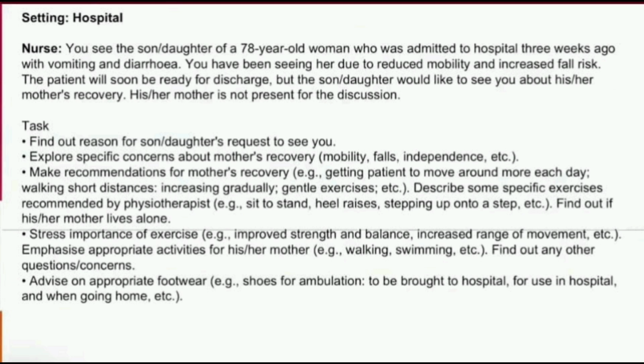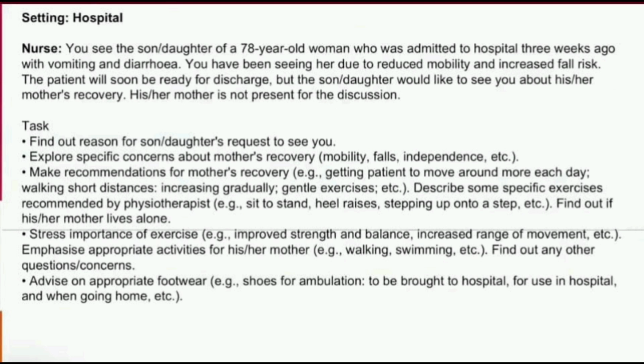It will improve her mobility, and along with that, make her walk a short distance, and after that gradually increase it. You can also start some gentle exercises for your mother. So is that clear to you?